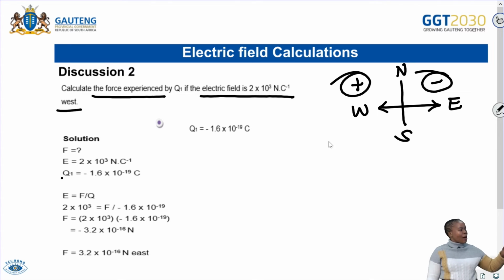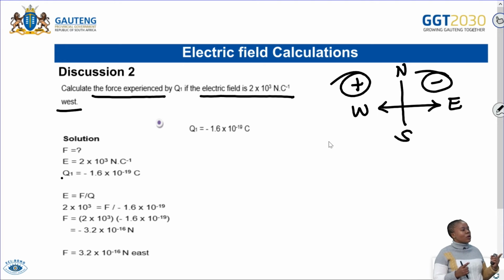We have our electric field as given, because now we're just substituting from our data that we just simplified. E is equal to F, which is the unknown, which is what we want to find out, divided by negative 1,6 times 10 to the power of negative 19, which is our charge.